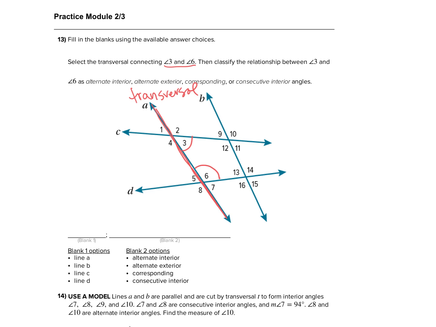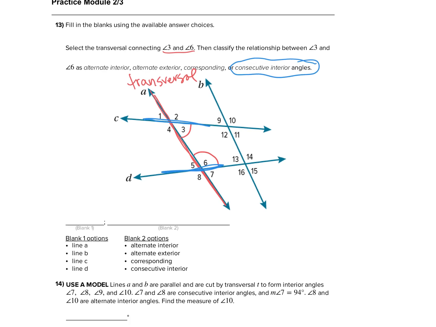And 3 and 6 are on the same side of the transversal, and they are in between, or on the interior, between C and D. So these angles are consecutive or same side interior angles, with their transversal being line A.